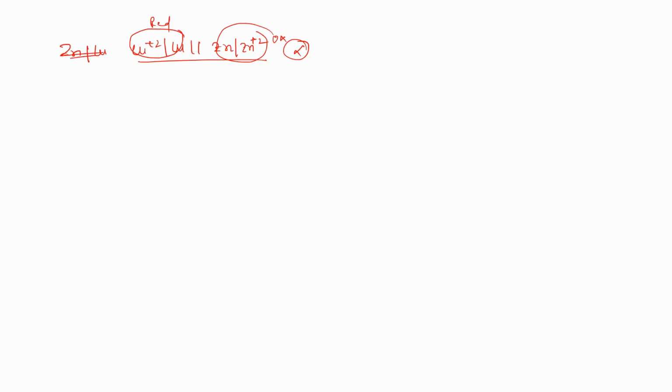curve, there we have taken the hydrogen cell, where H plus plus an electron gives half of H2. This is the hydrogen cell.